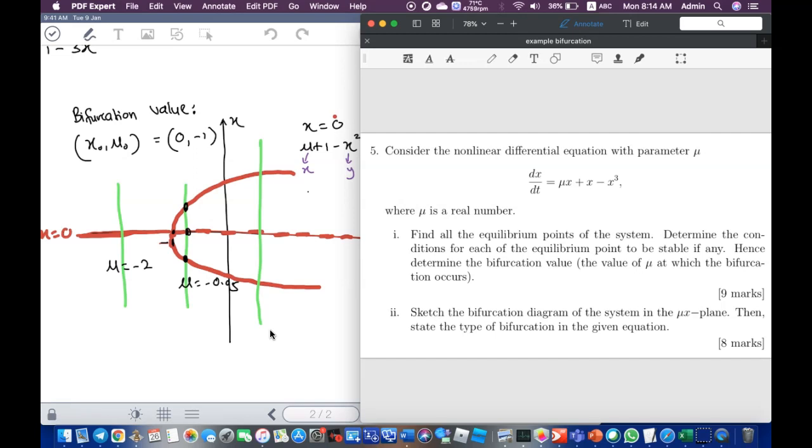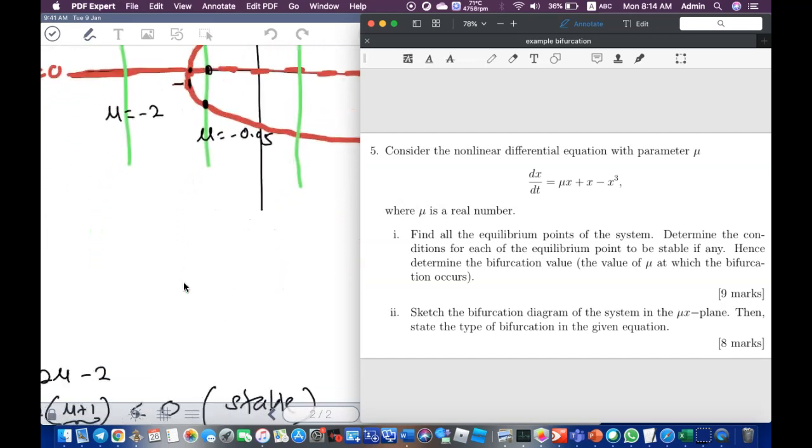And the other one is transcritical. So you can see that this one is pitchfork bifurcation. Okay, so here to answer that, we got the pitchfork bifurcation.